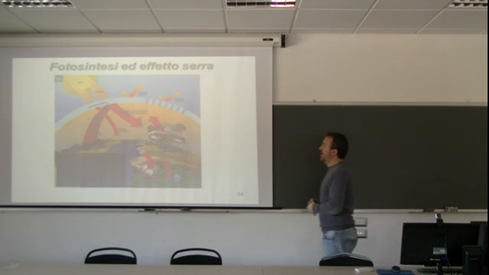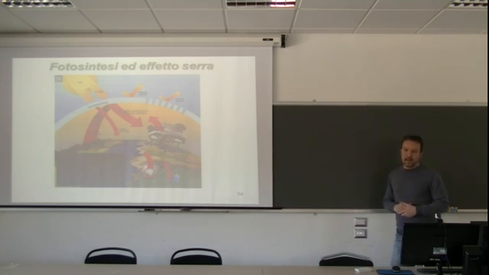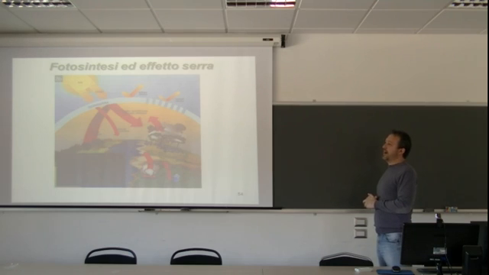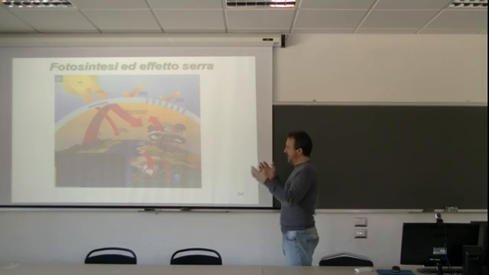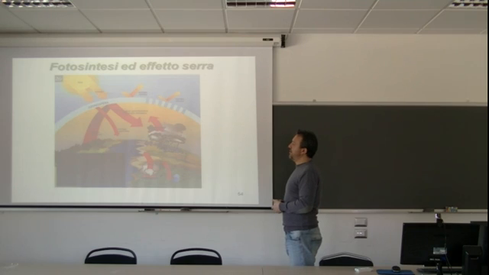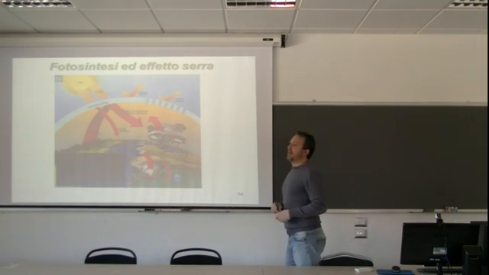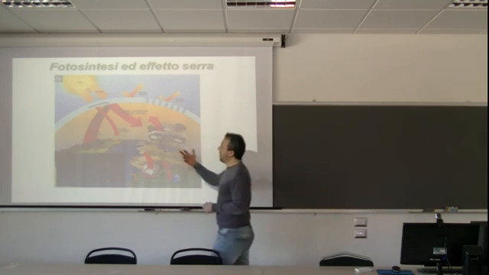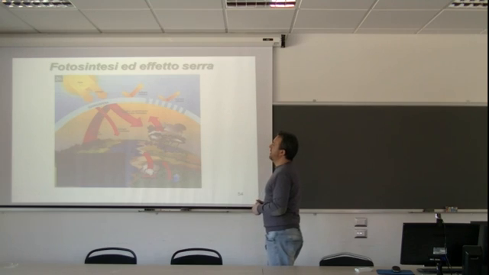Okay, and of course, I think you know very well carbon dioxide is the most important greenhouse gas for the atmosphere, that modifies the energy balance of the system we are considering, because it creates a greenhouse effect that blocks the energy re-emitted from our Earth.